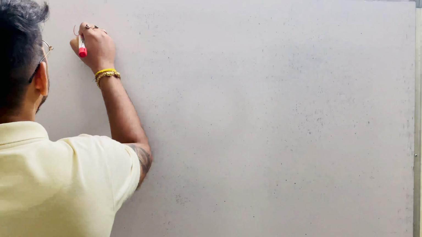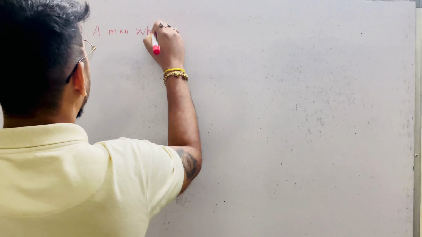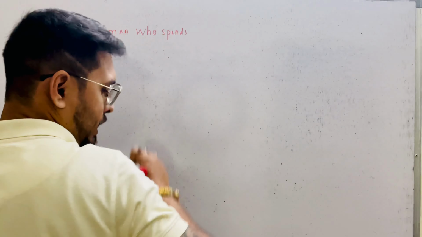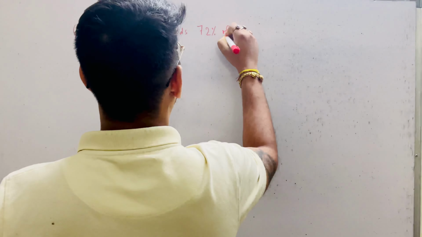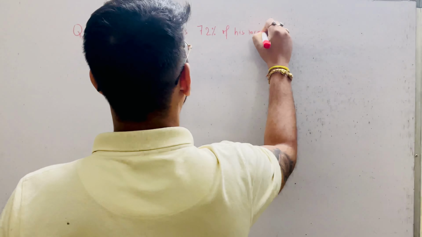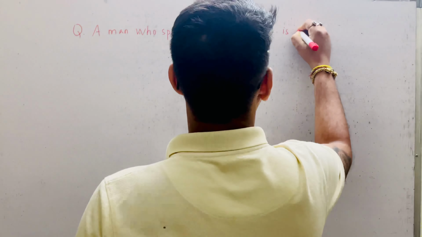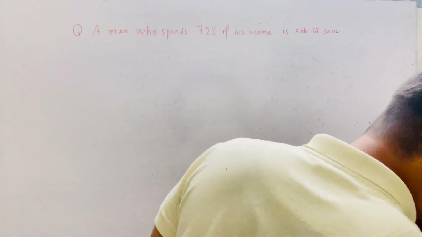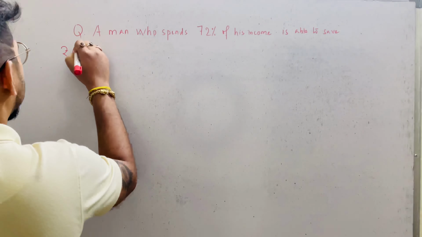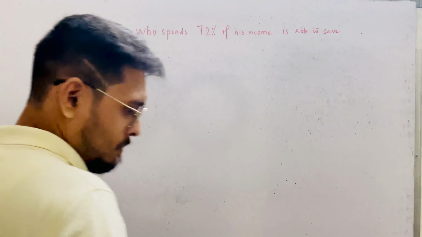Third problem is a man who spends 72% of his income is able to save rupees 6,300 per month.